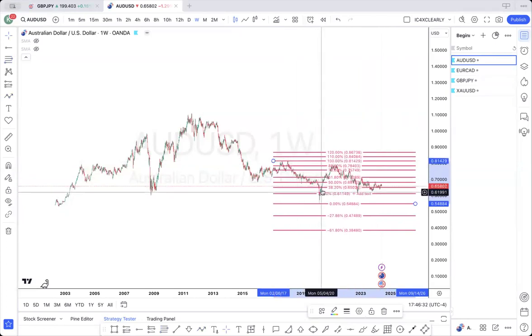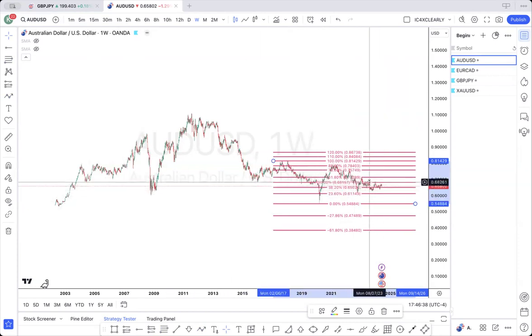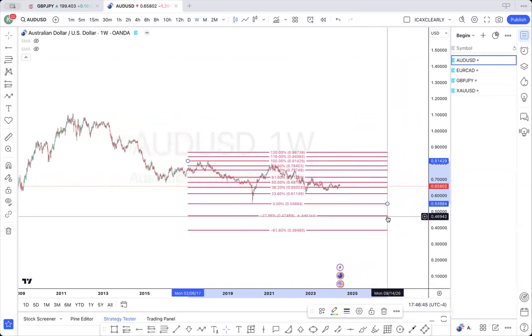Price came here and pulled back to the 88. My guess is that because price has broken this low, price will continue selling to the negative 27.